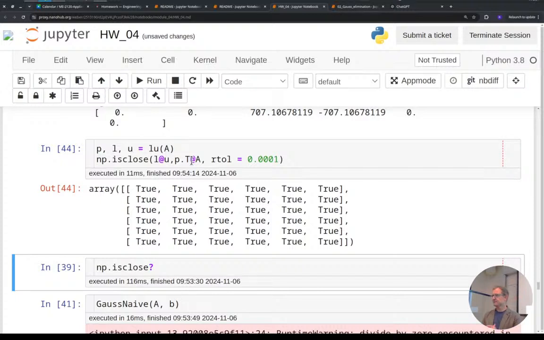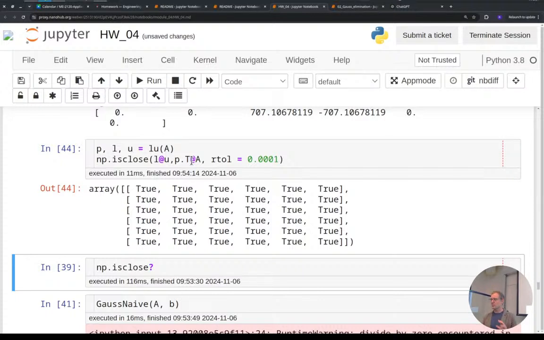There we go. That was bugging me. It kept giving me errors. But if you're trying to figure out whether two arrays have the same values in them, or are they all the same? Usually is close is better than straight up equal sign, unless you're looking at integers. But for floating point, usually is close is a better way of measuring.